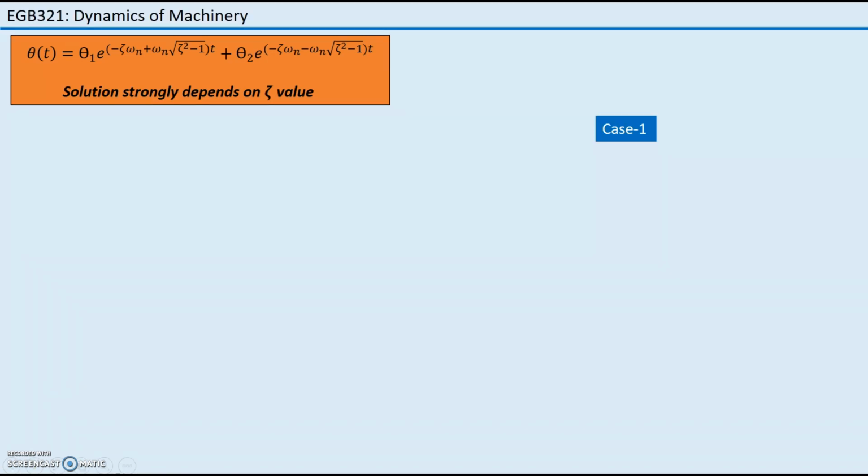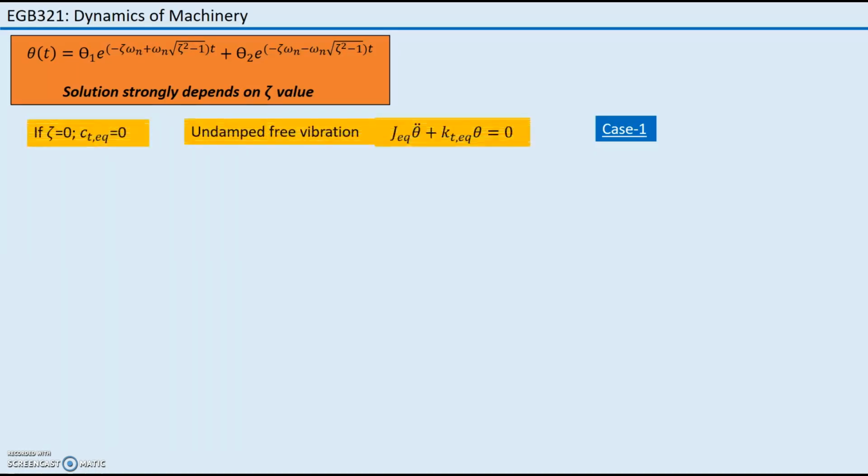Let's consider four possible cases, starting with case 1, undamped free vibration, where the damper is absent, so the torsional equivalent damping coefficient C and the damping ratio zeta will be 0.